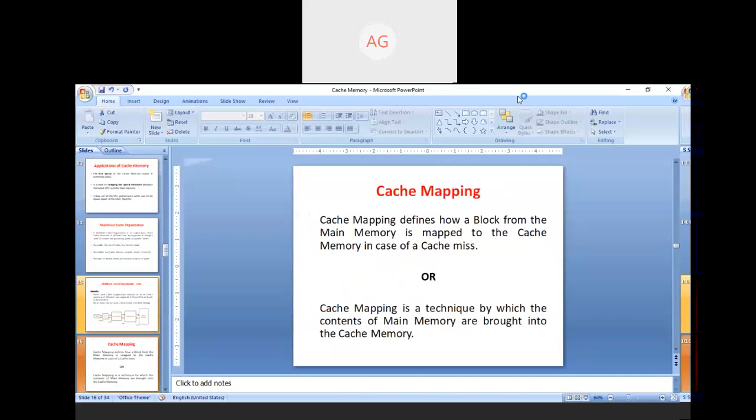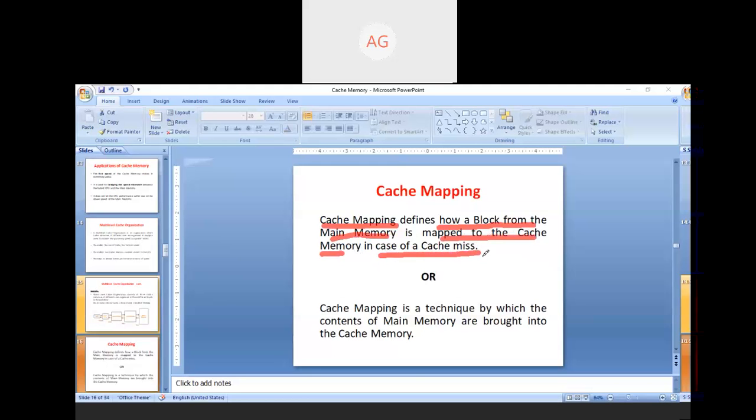Now the next topic is cache mapping. This is a very important topic, and we are going to discuss it in detail in our next classes. Its definition is that cache mapping defines how a block from the main memory is mapped to the cache memory in the case of a cache miss.